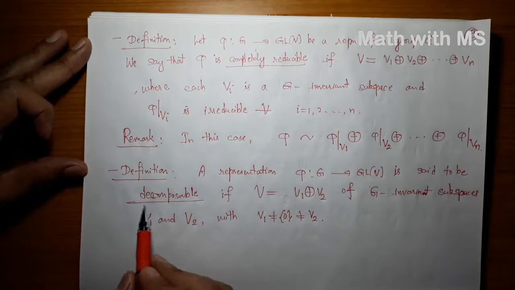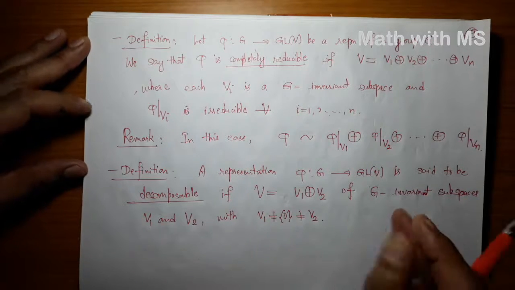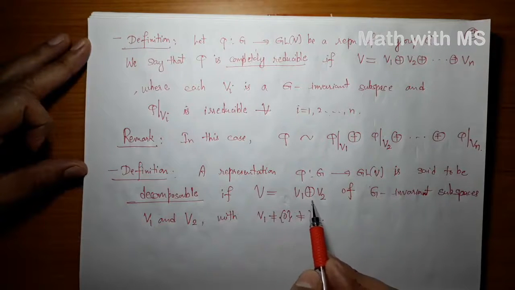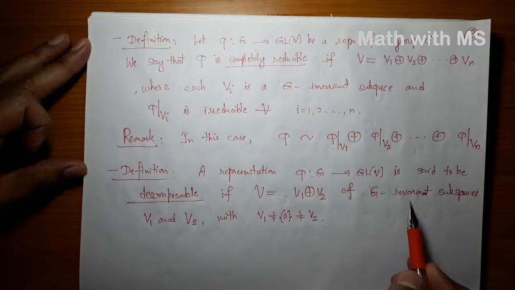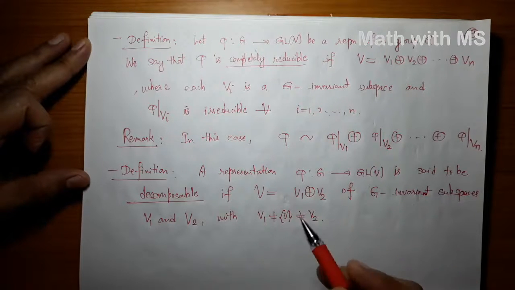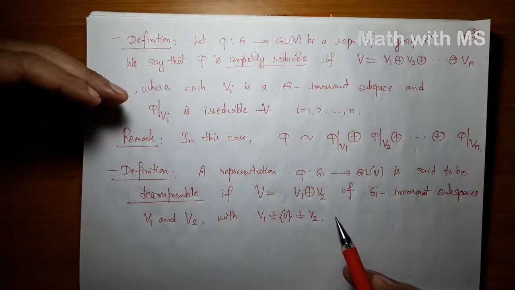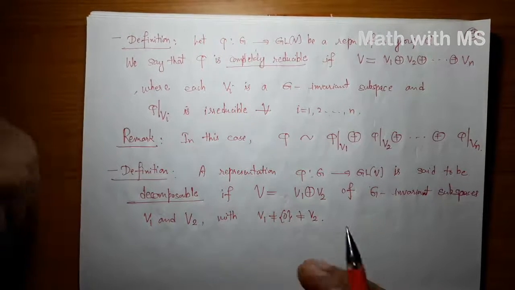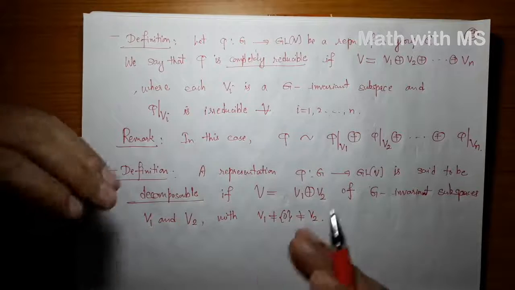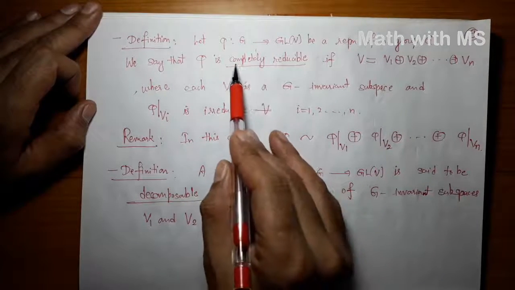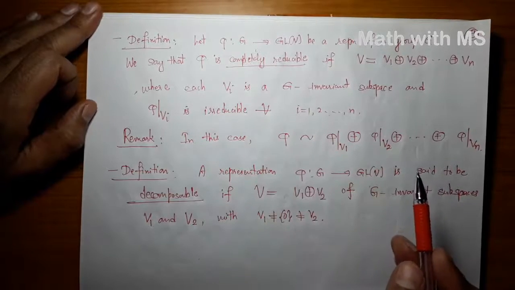Whereas a representation is decomposable if I can decompose my representation space V as a direct sum of two proper G-invariant subspaces. Somehow we can show that each representation is either irreducible or it is decomposable. Then applying the process iteratively, we can get that every representation is actually completely reducible.